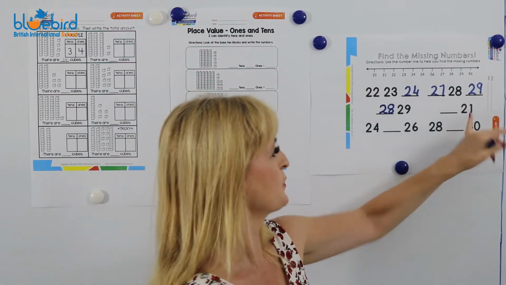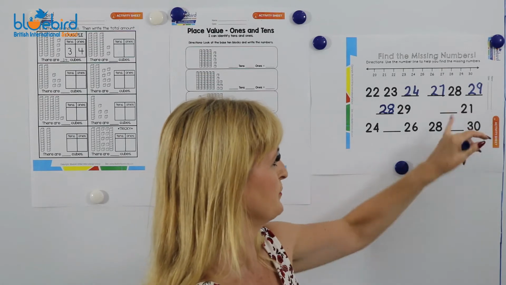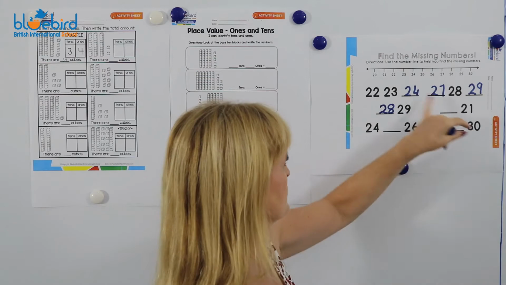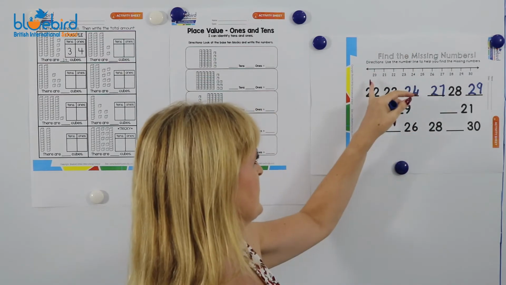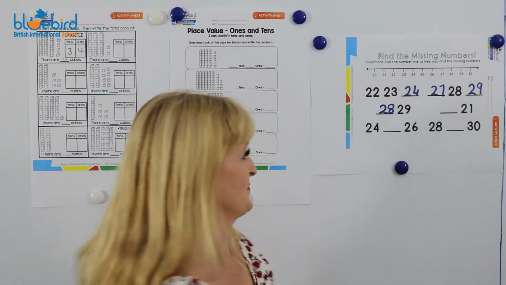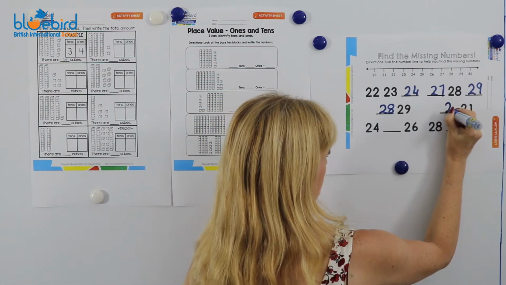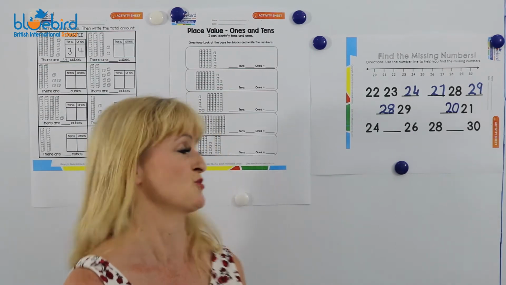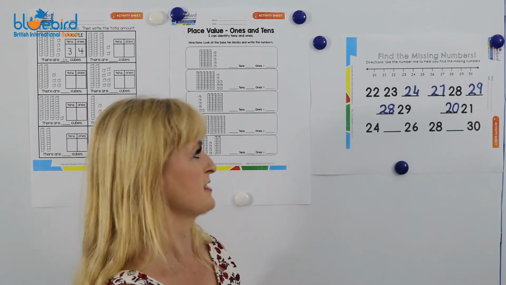And again, 21, we're looking for the number before, one less, backwards. So we go to number 21, one less is number 20. I'm sure you can all do this, even without the number line, but the number line is here to help us.